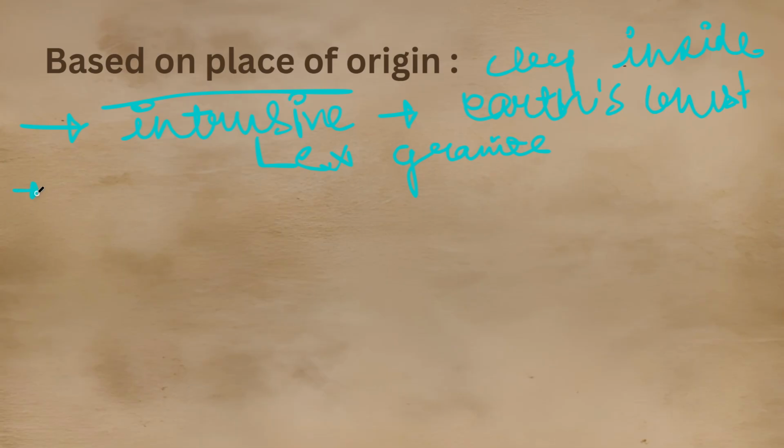Next, intrusive rocks are characterized by large mineral size and may be visible with bare eyes to a keen observer. Some igneous rocks originate in very deep portions of the crust and have even larger minerals.